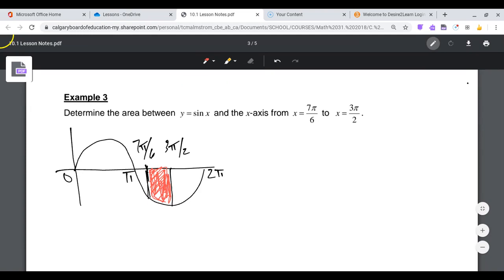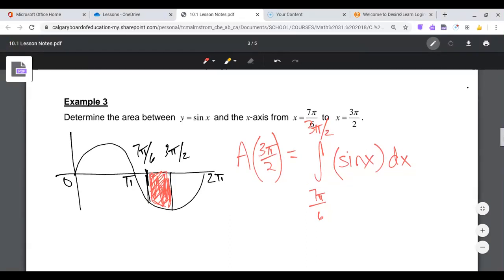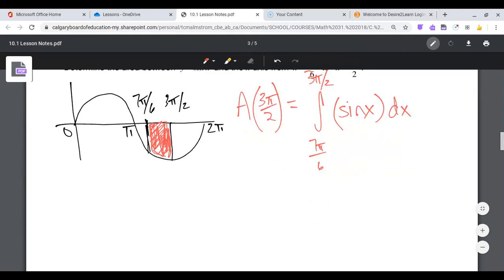Okay, so what do we need to calculate? We need to calculate the area, the integral from 7π/6 to 3π/2 of my function sin x dx. It's funky notation, I know. So then you have to think to yourself, do you know the antiderivative of sine?